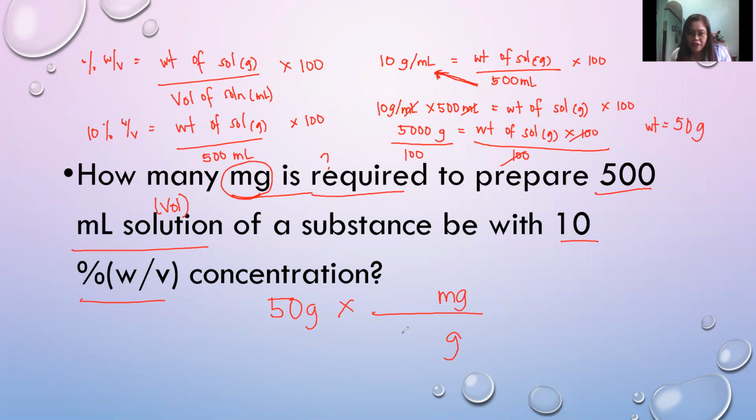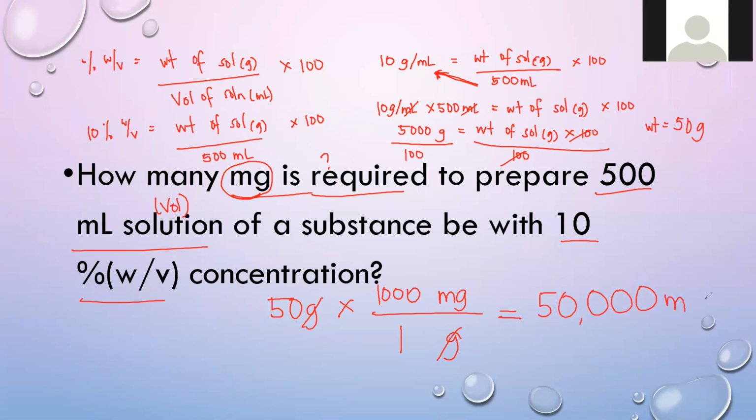Ang conversion factor na to class sa isa ka gram na kay 1,000 milligrams. Yan, so makancel ang grams. 50 times 1,000, it's 50,000 milligrams. So mao ni siya ang atong final answer.